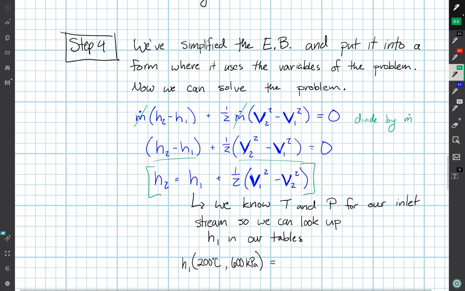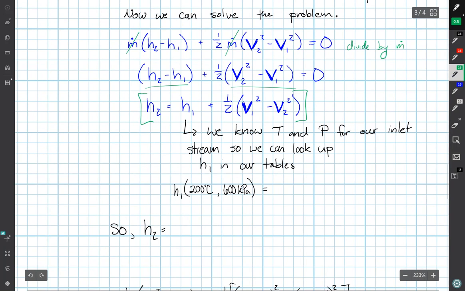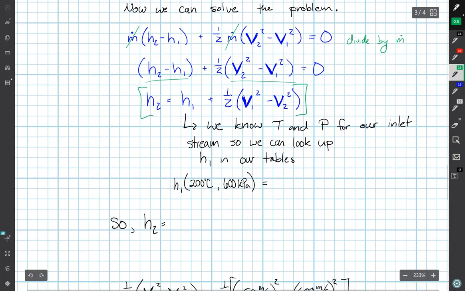H2 equals H1 plus 1/2 V1 squared minus V2 squared, right? The sign flipped because these guys got shuffled around all to the right-hand side of the equation. For H1, we know temperature and pressure for our inlet, so we can look up H1. So let's do that now.